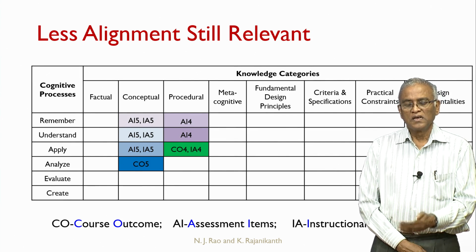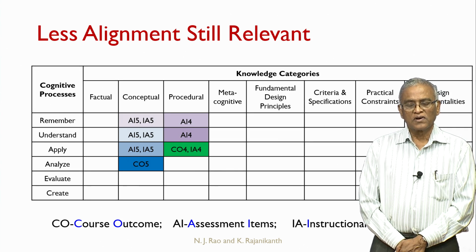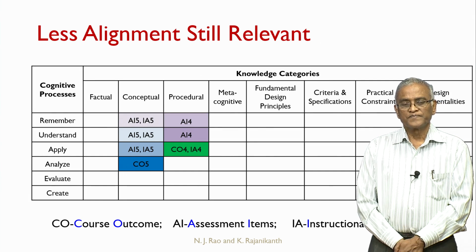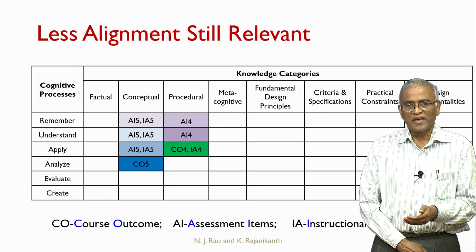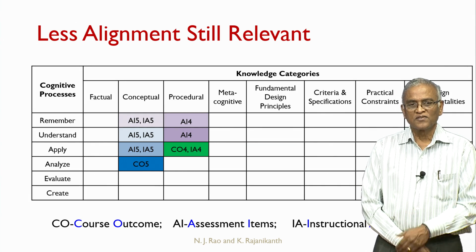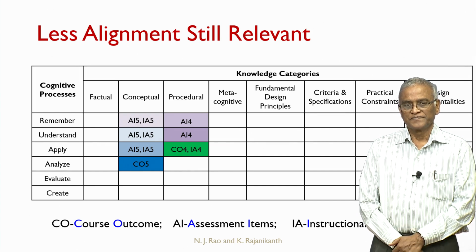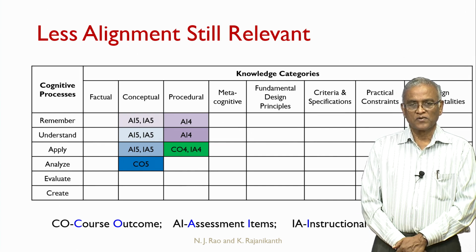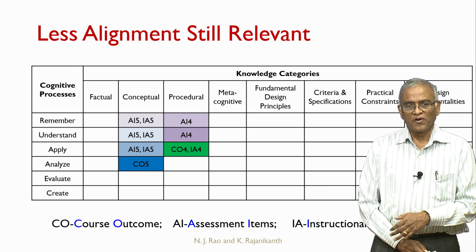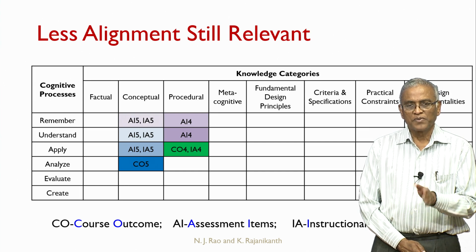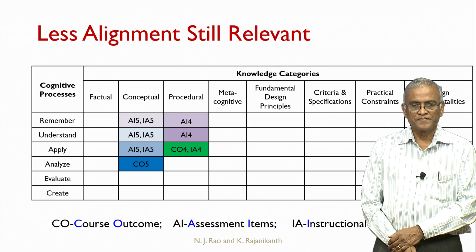So, we request you to spend time on this and take a look at how you are doing and what you can do, so that IA4 can also be brought into cell 3, 3. I need to bring them here. Okay. I hope I have been able to explain the importance of alignment through the taxonomy table.